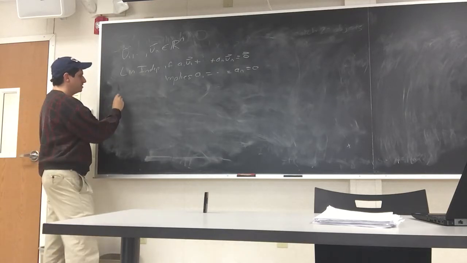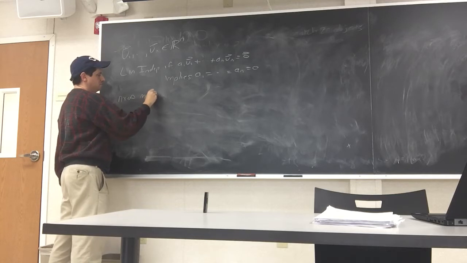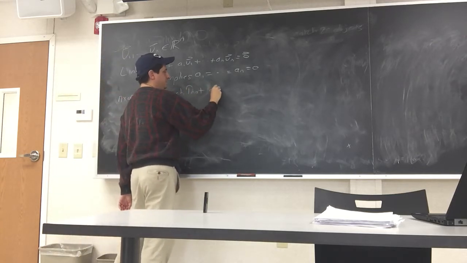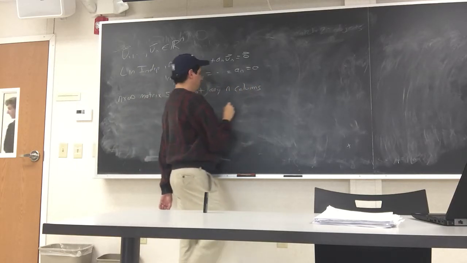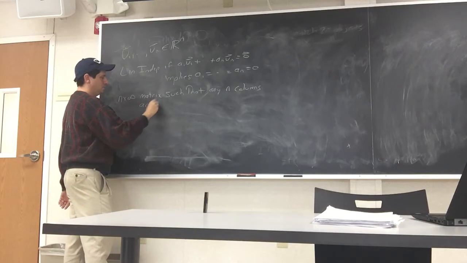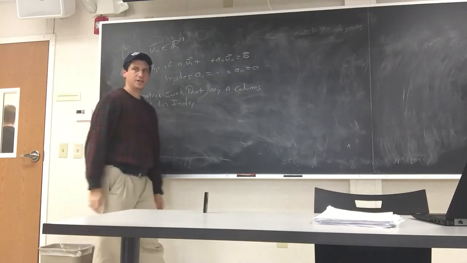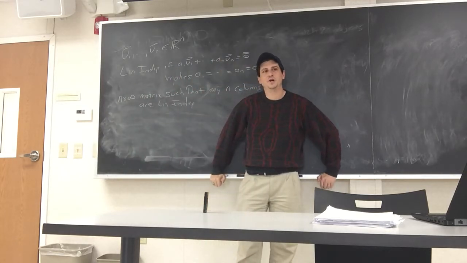I want to construct an n by infinity matrix such that any n columns are linearly independent. So that's your challenge. Construct an n by infinity matrix, or prove at least that one exists.